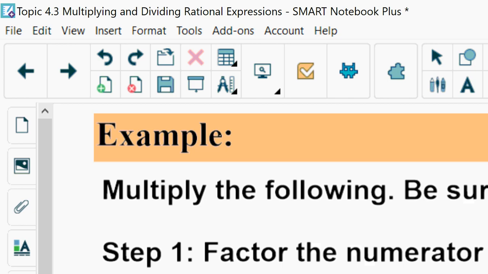This x squared minus 4 is a difference of squares, so it must be x minus 2 times x plus 2. For the trinomial in my denominator, x squared plus x minus 2, I think to myself: what two numbers have a product of -2 and a sum of +1? Well, I like 2 and -1.